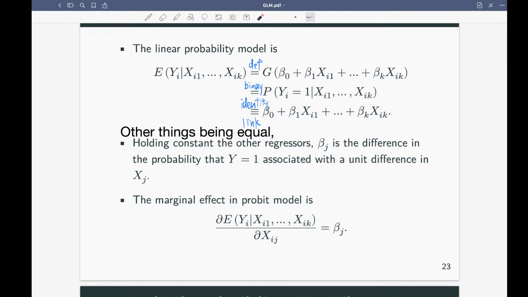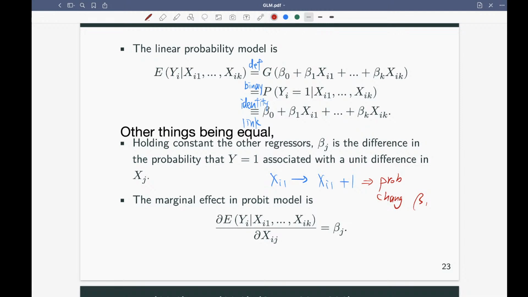So, for example, when xi1 changes to xi1 plus 1, what is the change in the probability of y equal to 1? The probability change is beta 1.